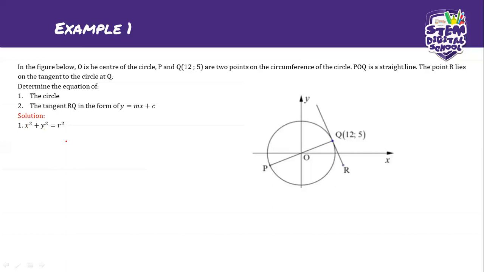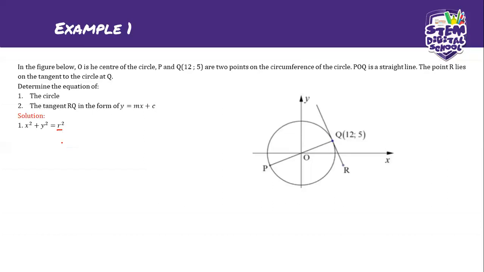For us to obtain the equation of a circle, we are actually looking for this r squared here. Once you have the r squared, then you will have the equation, so we are actually calculating for r squared here.